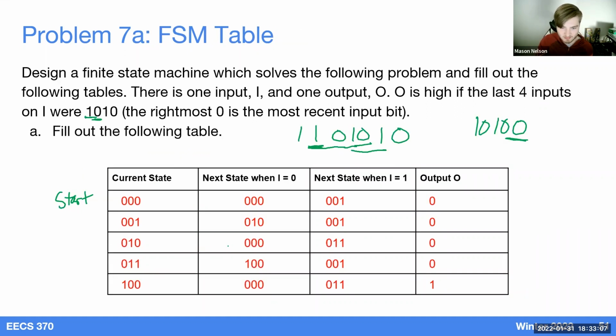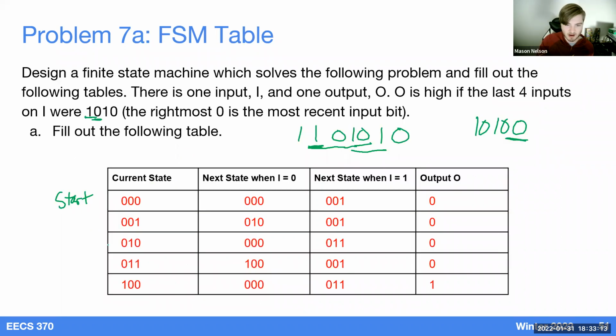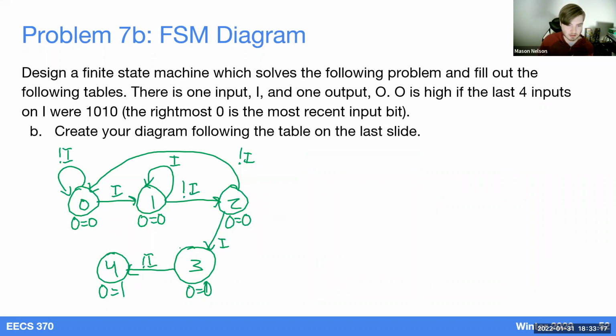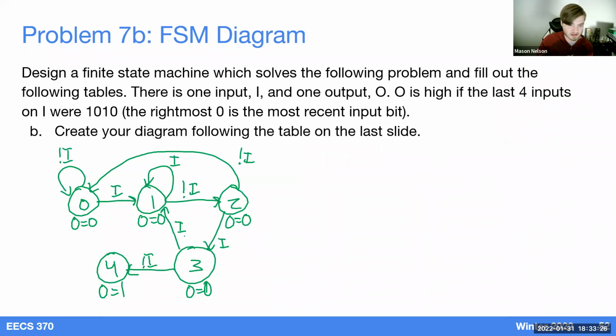In state 3, if I is a 0, so if not I, we'll go to state 4. And otherwise, we will go back to state number 1. So if I, state 1. And then finally, from state 4, if we get a 0, if we get a not I, we'll go back to our start state.